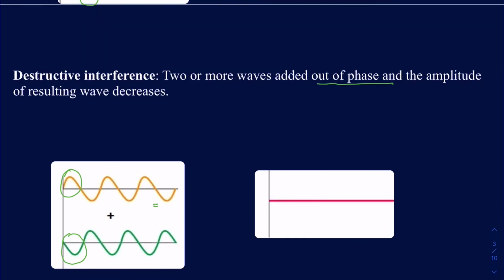So they are meeting out of phase. When they meet out of phase, you subtract their amplitudes. So the resulting amplitude of this final wave is going to be A1 minus A2. It seems like here A1 and A2 are exactly equal to one another, and that's why you really don't see any wave here. All your amplitude has been canceled out.